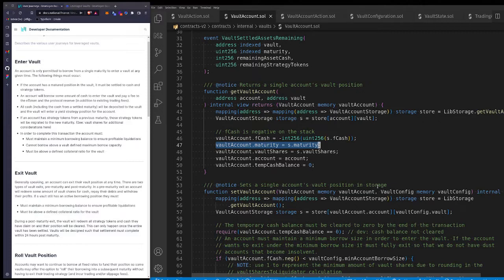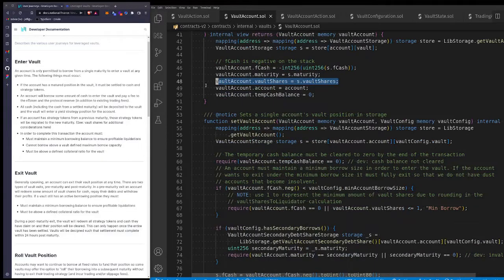And this is an important restriction of leveraged vaults and dictates how accounts manage their positions. And then we have this variable called vault shares, which is a representation of an account's claim on the total assets within a vault, and we'll talk about that in a second here.